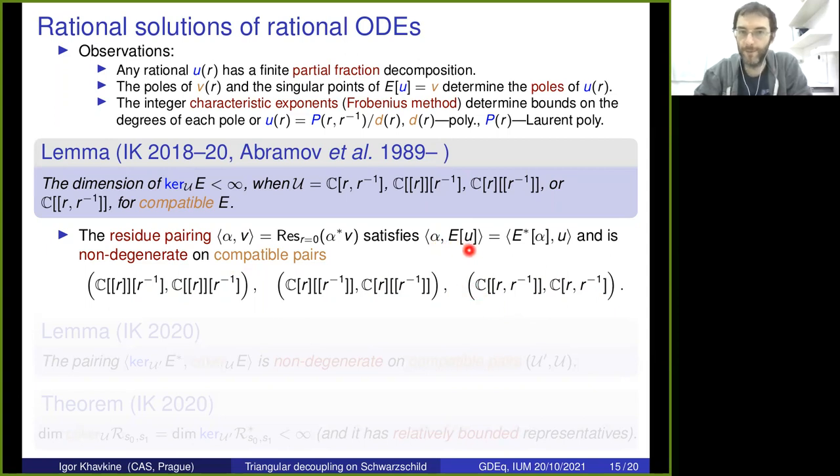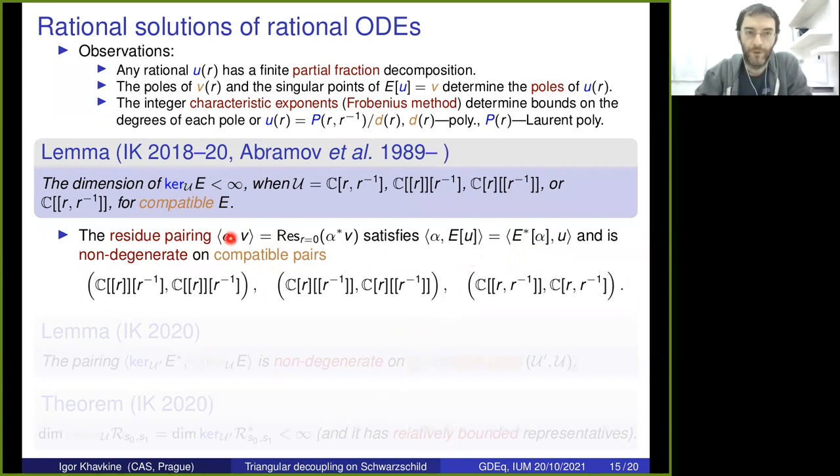This pairing has a nice property: if you plug in a differential operator that's compatible with the arguments it's acting on, then taking the adjoint with respect to the residue pairing is the same as taking the formal adjoint of the operator. It's a very convenient property.